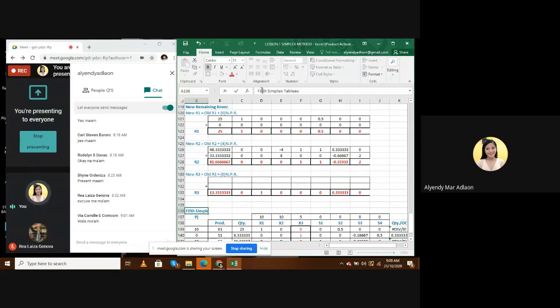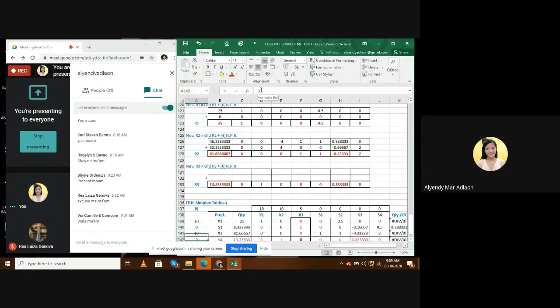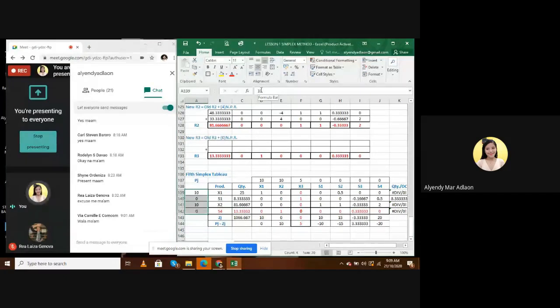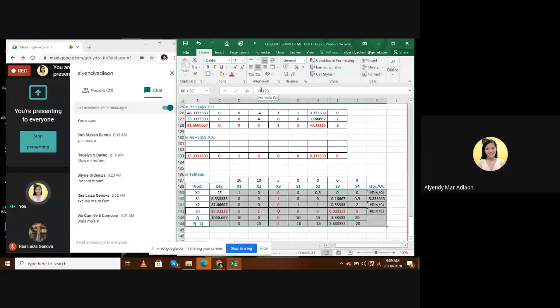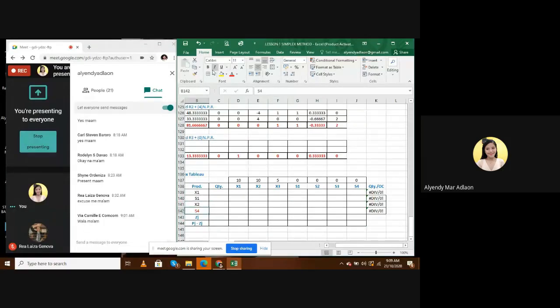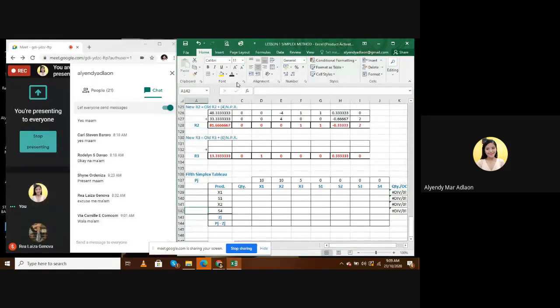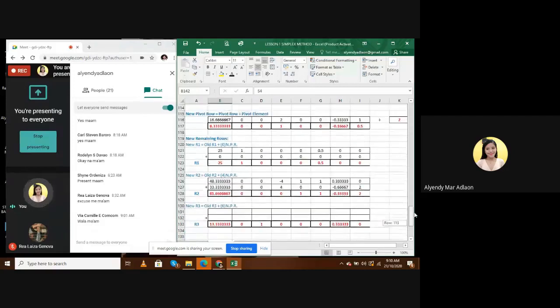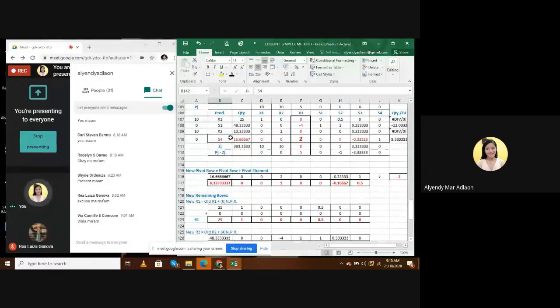So lantawon nato diri kung mao na ba jud ni siya ang last, no? So unsa man to pagkailhan kung mao na ba jud ni ang last. So ako asa ni siyang i-change. Okay? So, di ba, unsa ito ang resulta ganiha ang pivot row kay si S4.